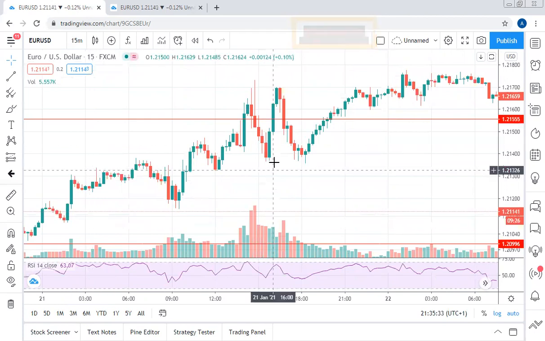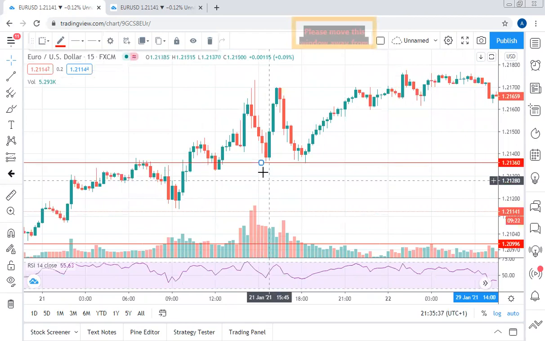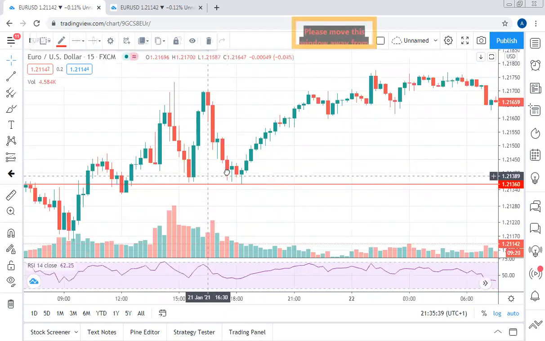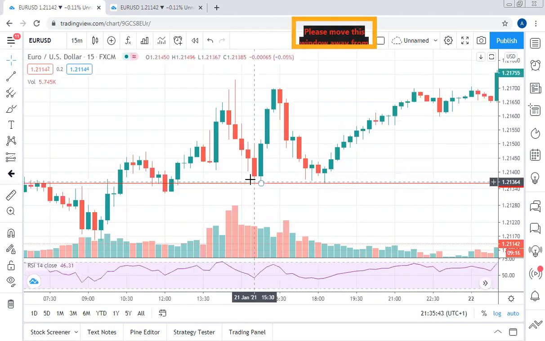Look at this, a sweet example of a double bottom, of a tweezer bottom. Look at it, the wicks are of the same length, and it's also a bullish engulfing.